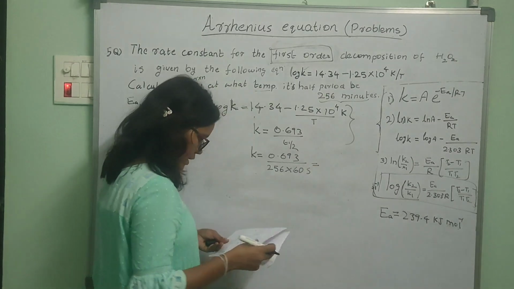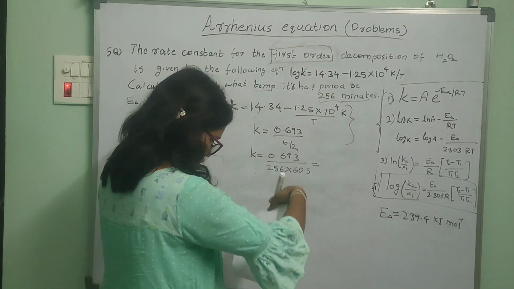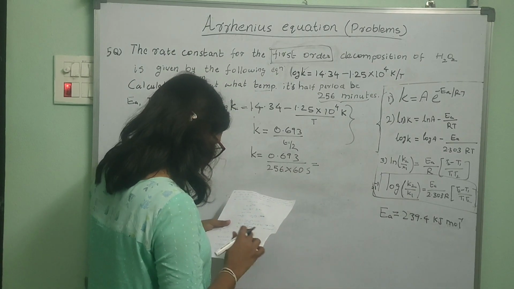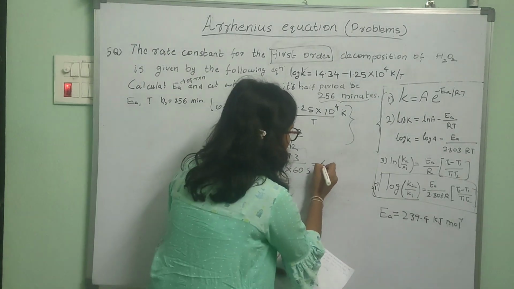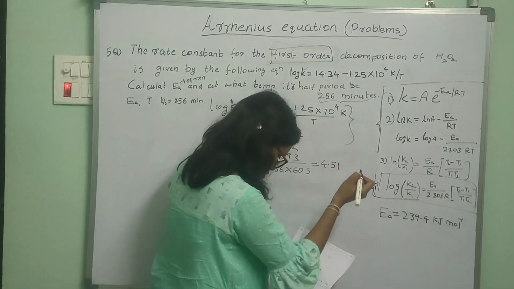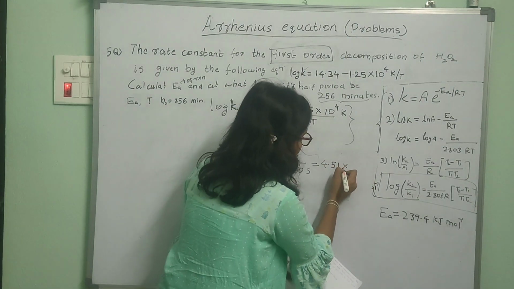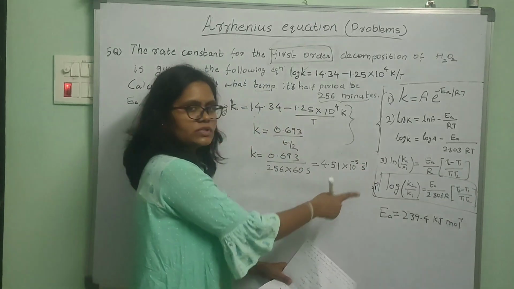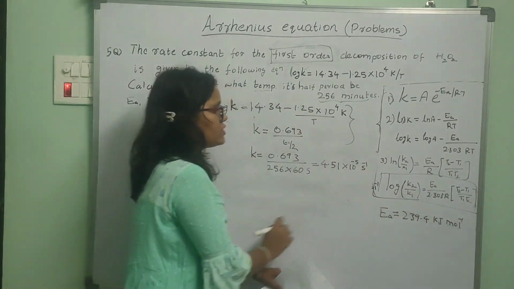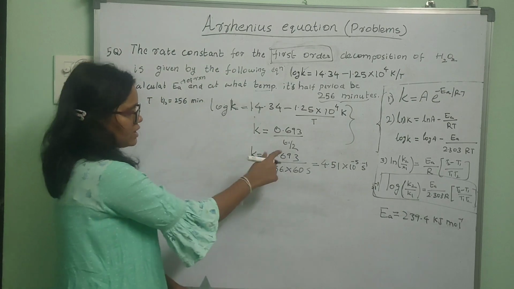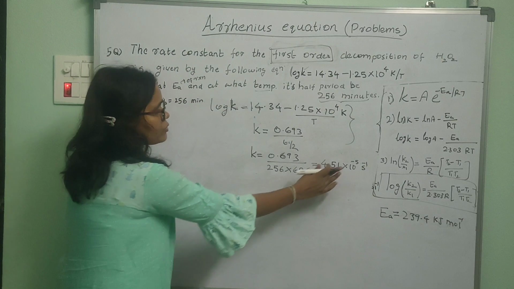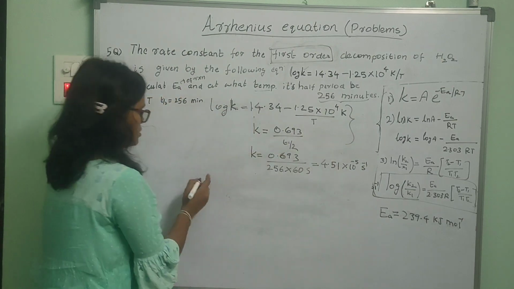So that would be... goes into the numerator and becomes second inverse. You can calculate this using a calculator. So you will get this value. Now I am going to put this value in this equation.